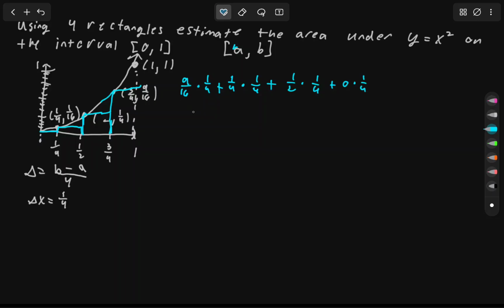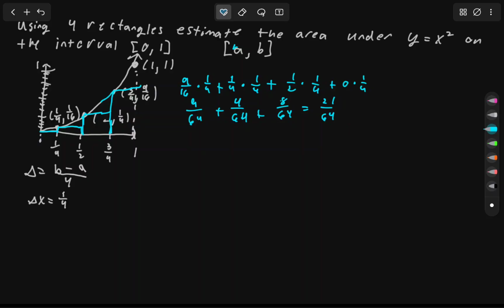So summing all of this together, we get 9/64 plus 4/64 plus 8/64. So we get 9 plus 4, that's 13, plus 8, that's going to be 21/64.